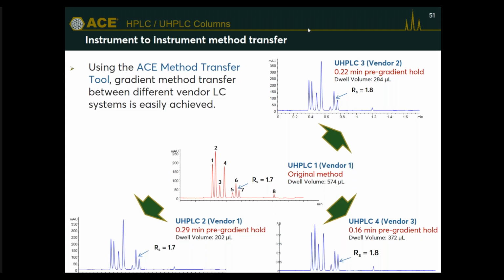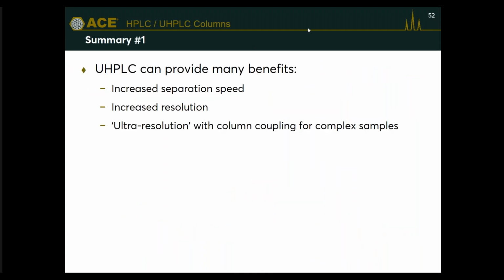Okay, so moving to the conclusion and the summary. So hopefully what you've seen today is UHPLC can provide you many benefits. Increased speed, increased resolution, the ultra resolution angle if you couple columns together, and also productivity. It's without a doubt doing more per unit time as possible with UHPLC.